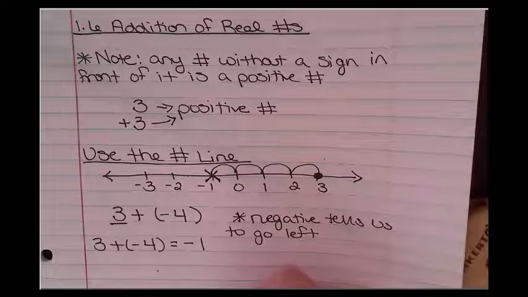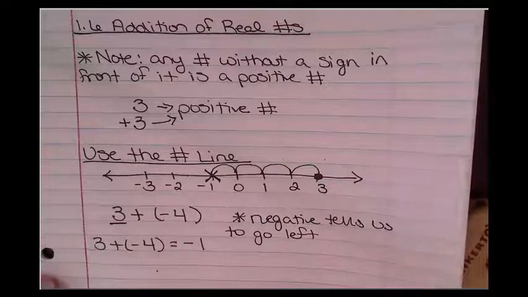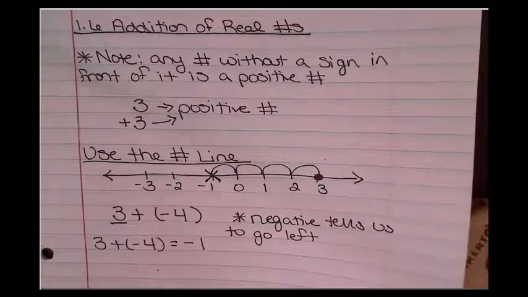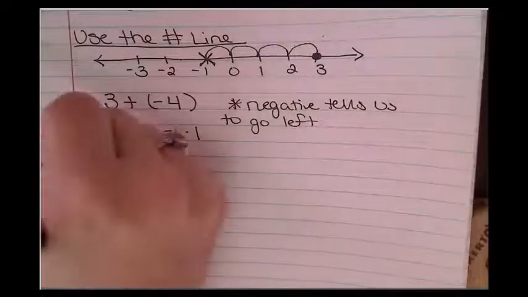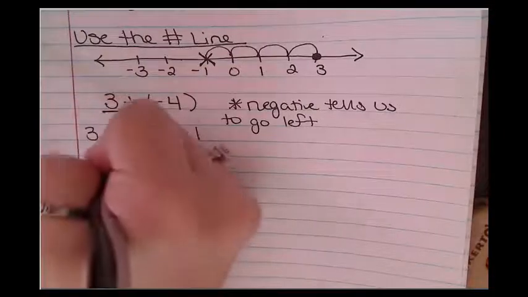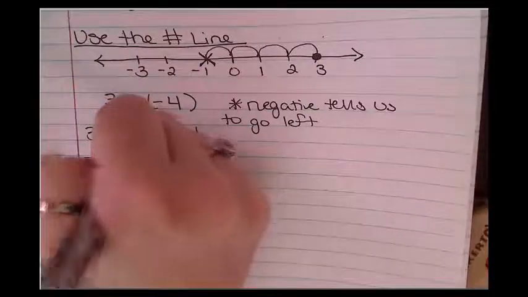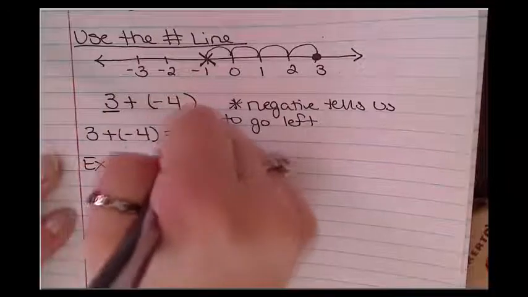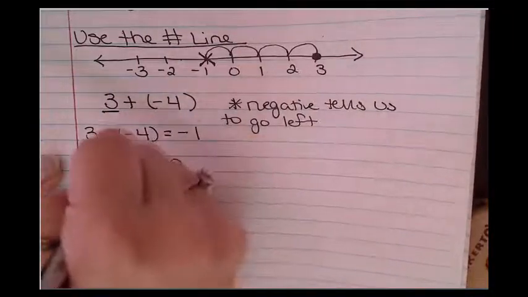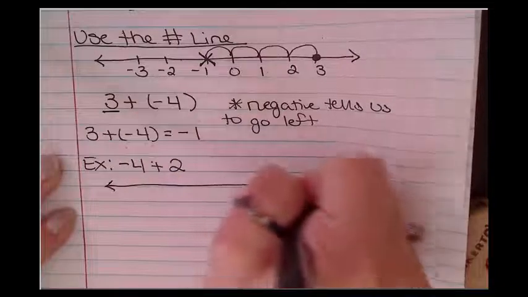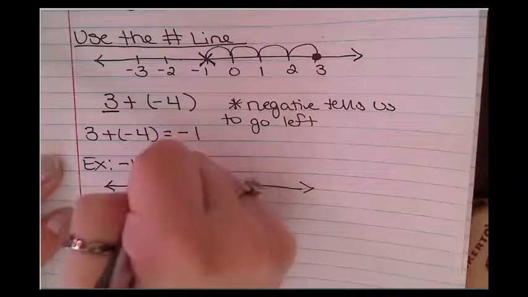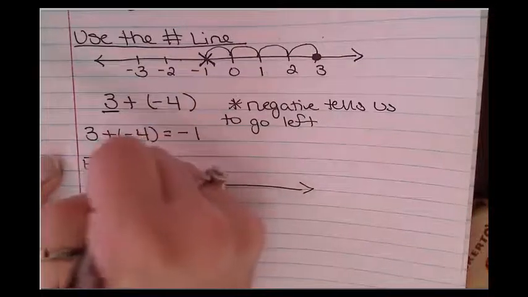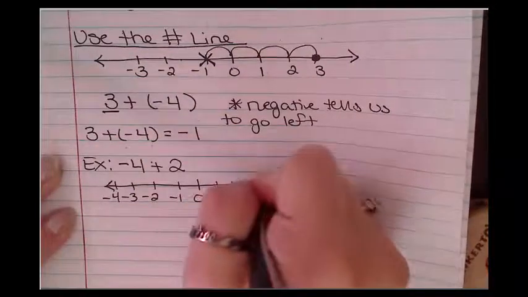Okay, let's do another example of this. If I can get my paper to cooperate, that is. Okay, here's another example. Let's do negative 4 plus 2. Again, let's draw our number line. 0, negative 1, negative 2, negative 3, negative 4, 1, 2, 3, 4.